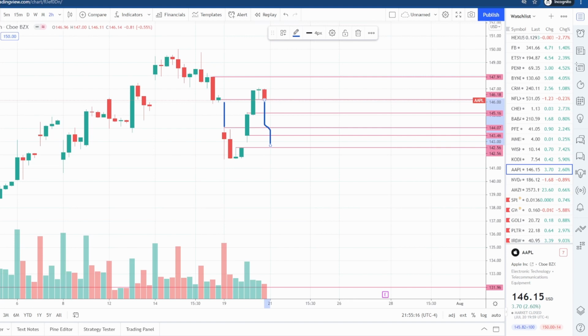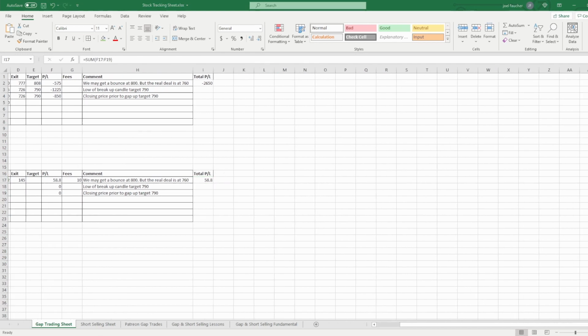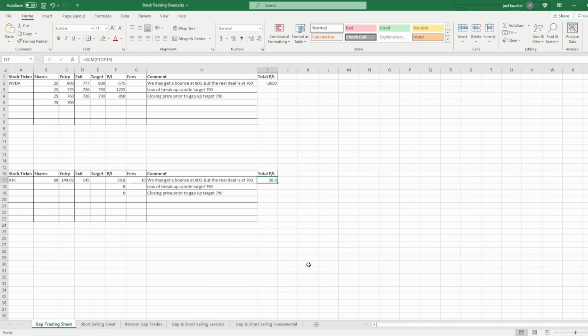So let's take a look at our spreadsheet, because we did enter a trade. So here we go. We got in at 144, sold at 145, with 60 shares, and that was one day trade that you can do. And how much is that for? I'm using this as an example. So let's put this in a calculator. 60 times 144, that's $8,640.